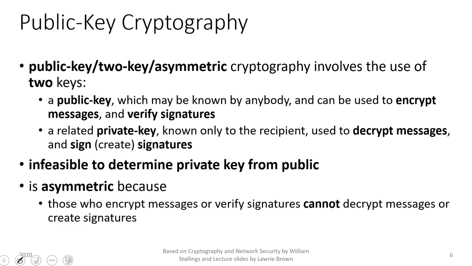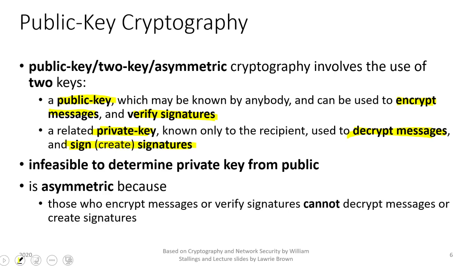So if we again think about public key cryptography, here we have the use of two keys, one private key and one public key. The public key is the one that we would use to encrypt messages and also verify messages. The private key we would use to decrypt messages and sign messages.